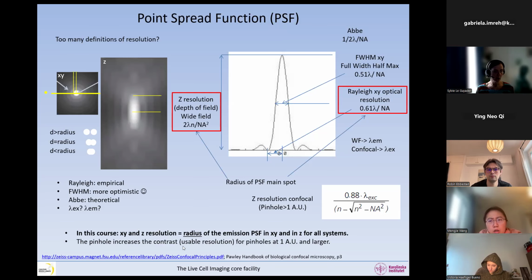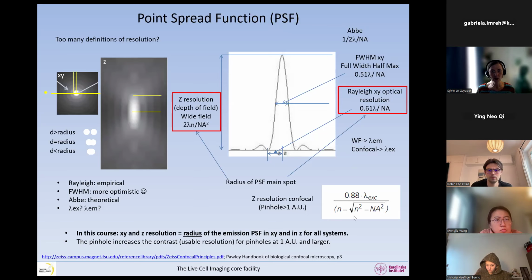And the pinhole, when we close the pinhole, if we stay at more than 1 Airy unit, we're not increasing the resolution, we're increasing the contrast. You can see in this, which is the correct equation for pinhole open more than 1 Airy unit, there is no size for the pinhole.